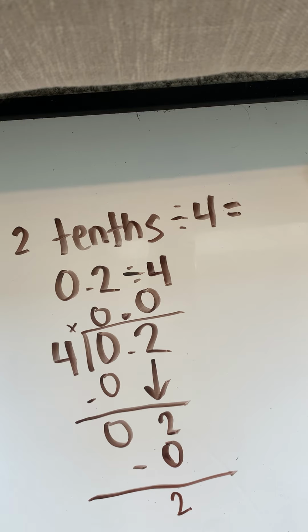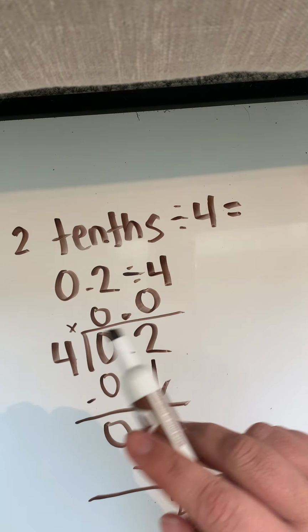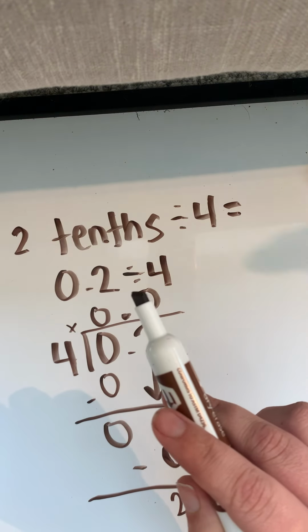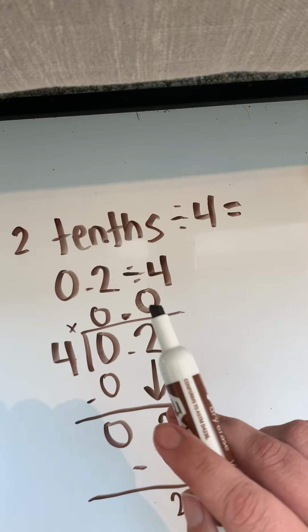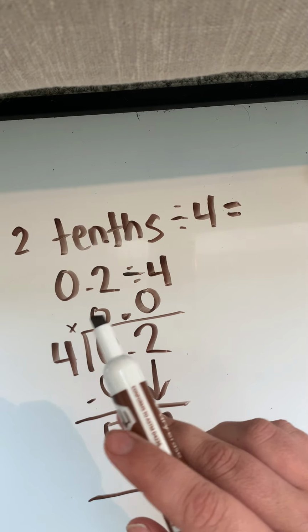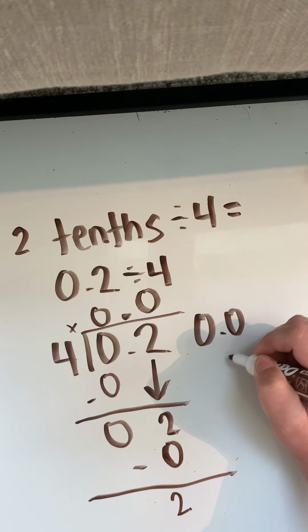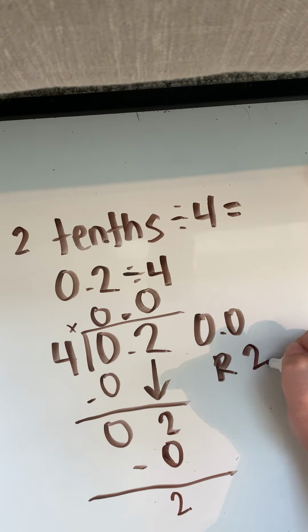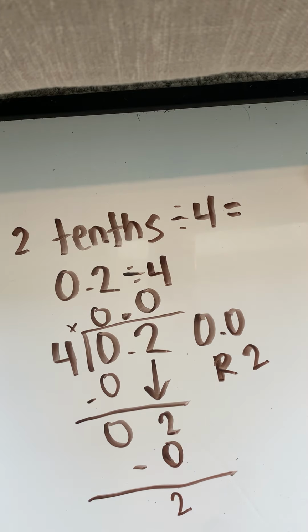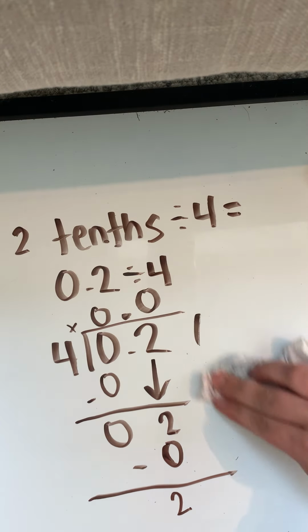Well, Miss Cantrell, I'm confused because I have a remainder of a 2 down here, and I have nothing up top in my tenths. I don't have any ones. I don't think I can put 0.0 with a remainder of 2 as my answer. You're right, guys. You cannot put that as your answer because that's nothing. So you have to keep going.